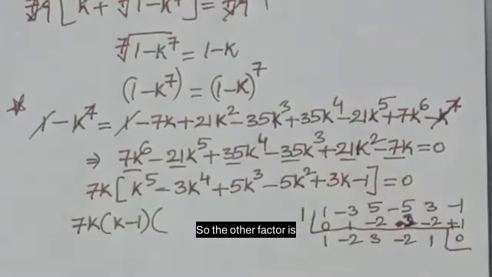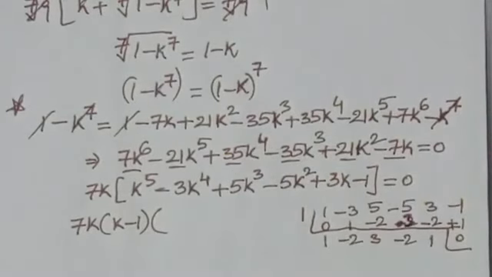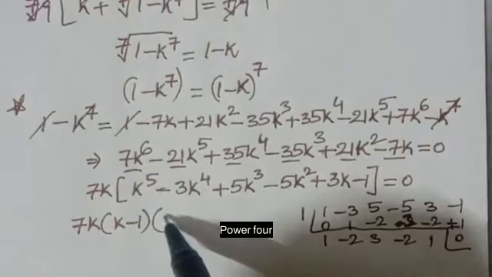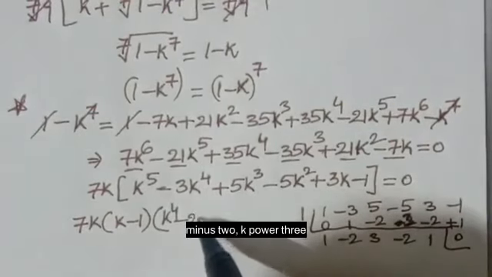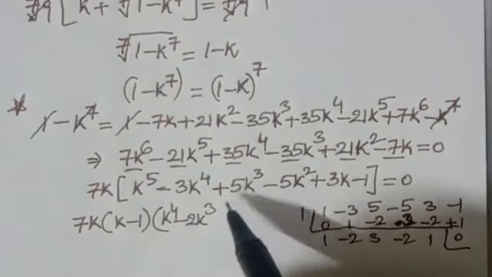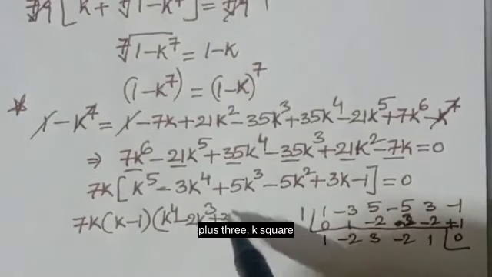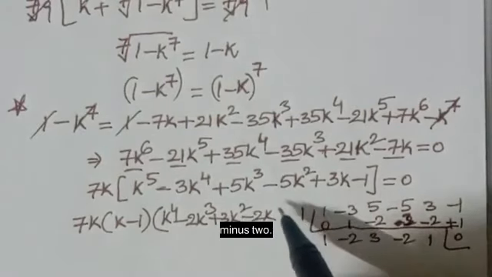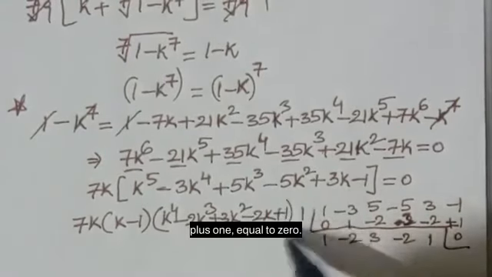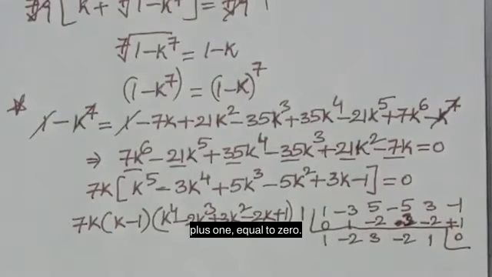So the other factor is k to the power of 4 minus 2k to the power of 3 plus 3k squared minus 2k plus 1 equal to 0.